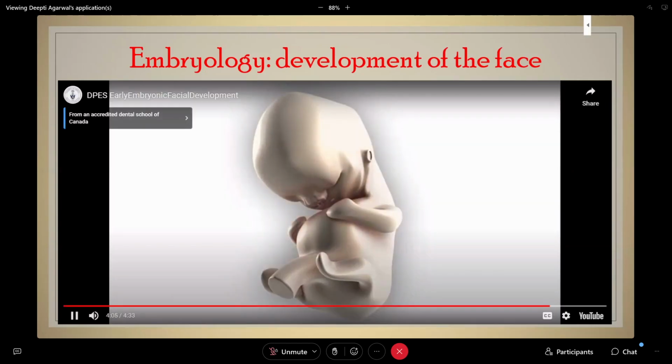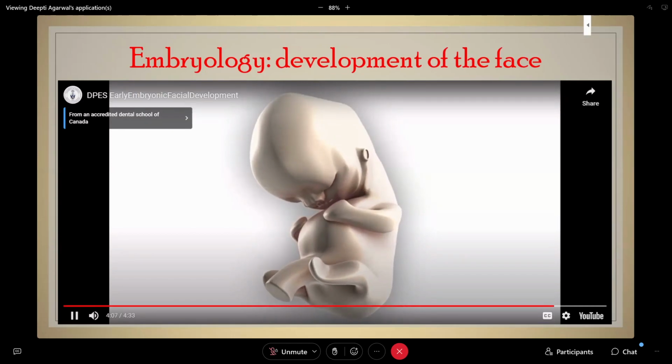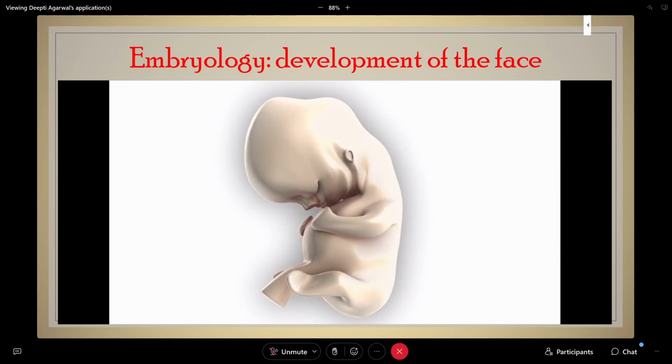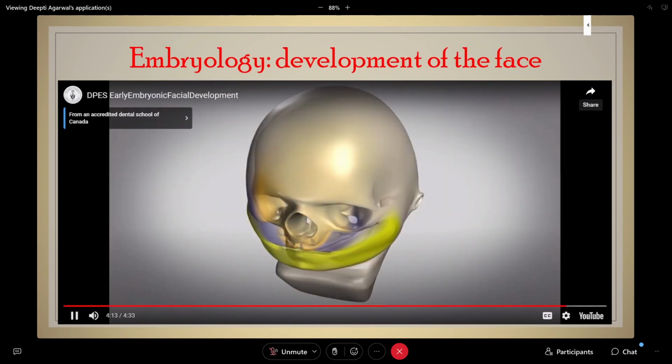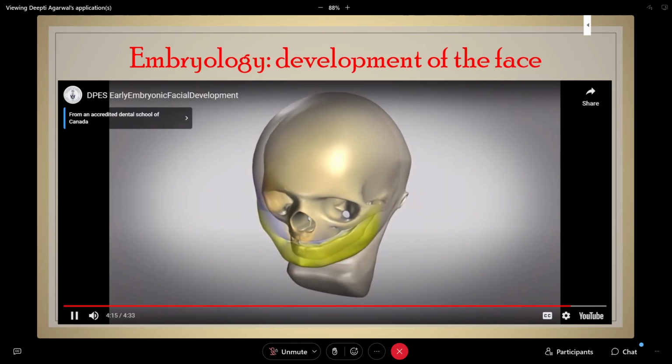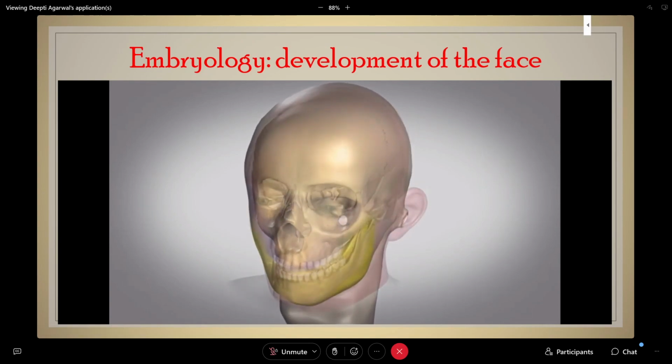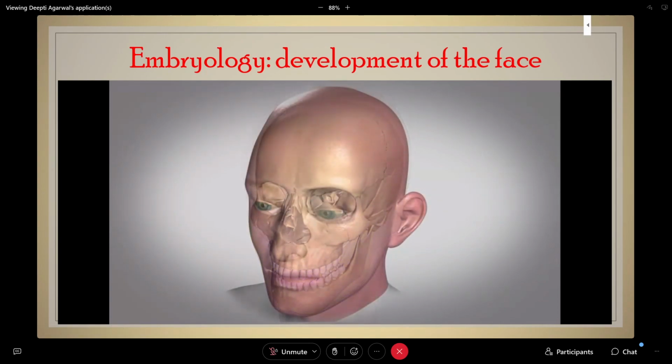By the 7th week of human embryonic development, most of the facial structures can be observed. In the next few months of development, the initial cartilaginous skeleton of the face is replaced by bone, and there is an overall increase in shape and size of the different structures of the face. From childhood to adulthood, the face continues to develop through further growth and remodeling.